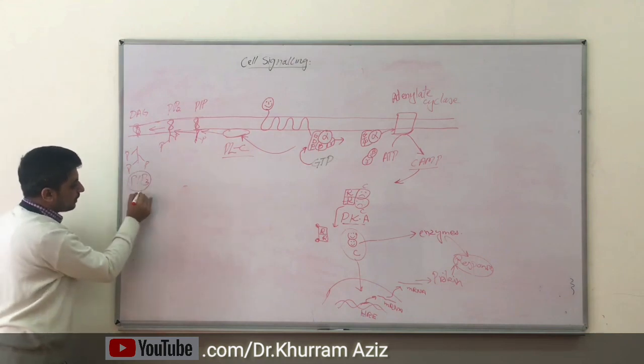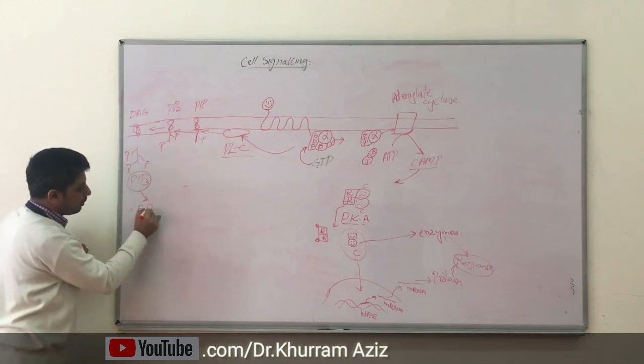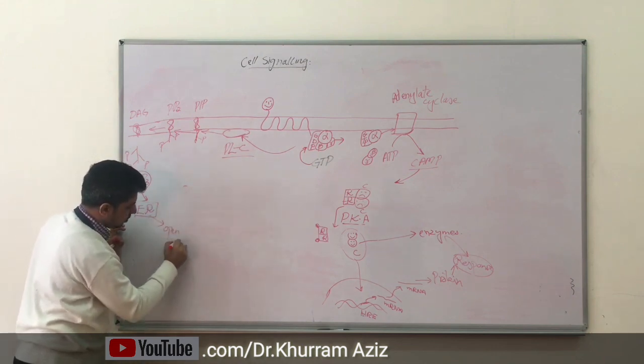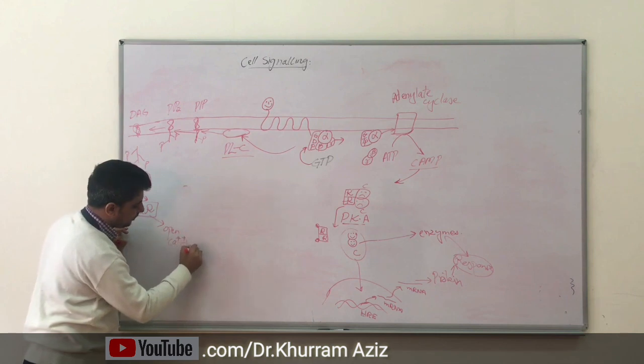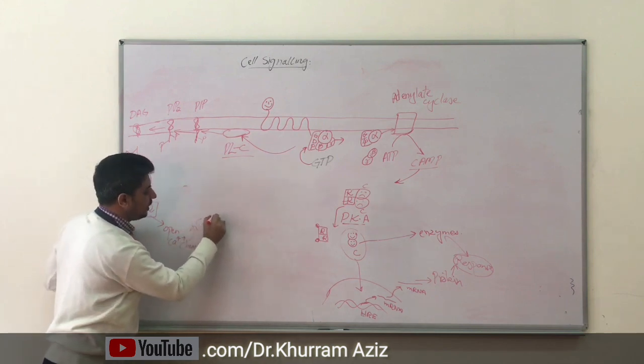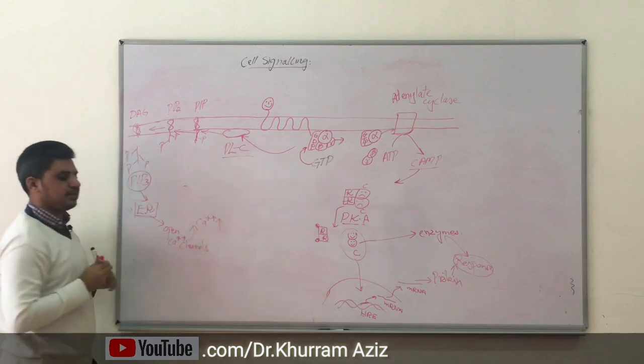Now this PIP3 will come to the endoplasmic reticulum or the sarcoplasmic reticulum and will open calcium channels, and as a result calcium will come into the cell and start increasing.